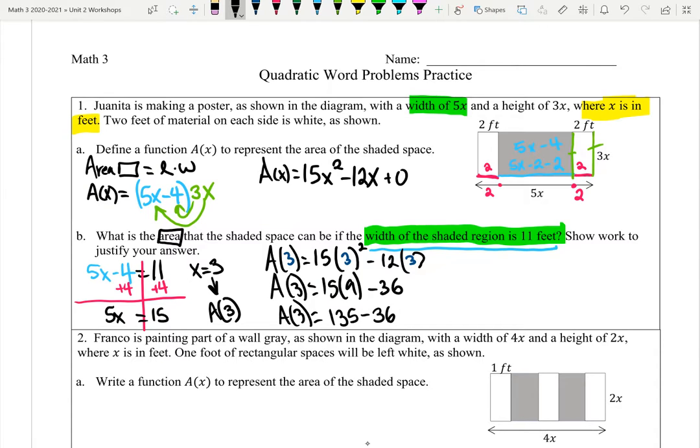So we'll take away one more, and I'm going to get that the area of the region is 99. This is going to be the area of the shaded region. Notice, find your area formula, figure out what you're going to use for x, and then plug it in.